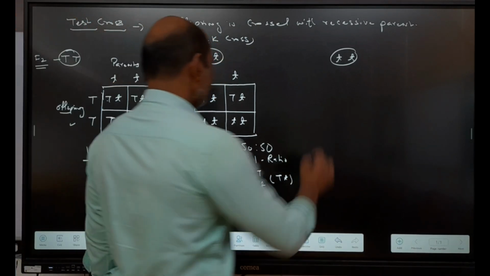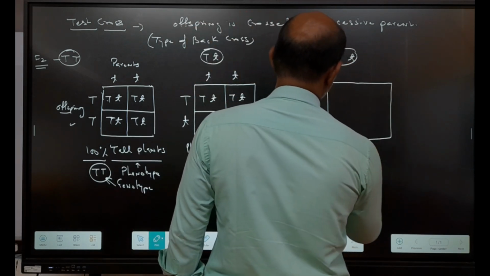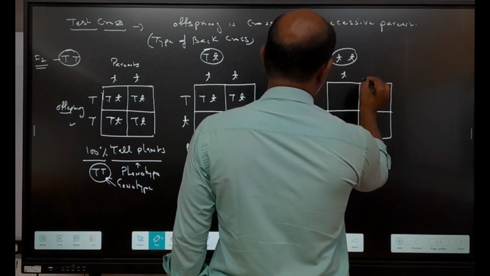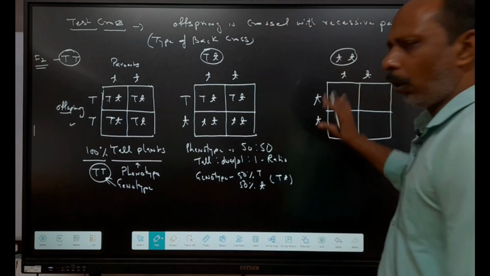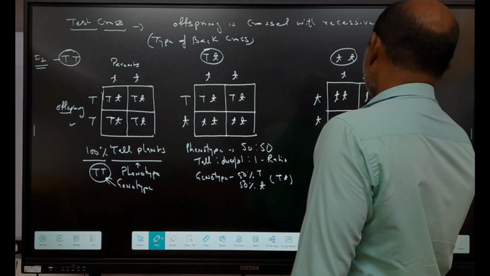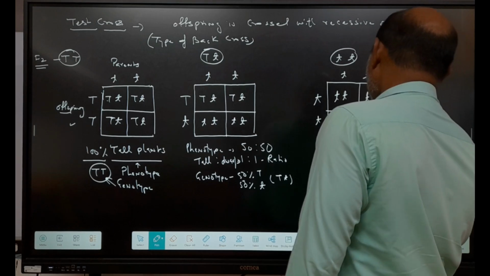right? Now in the third case, because we know here parents means small t, offspring is also small t, then what we get here? Only small t is present. That means all the squares contain only small t. That means what happens here?